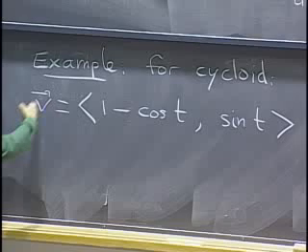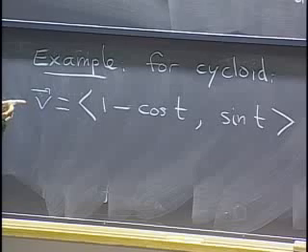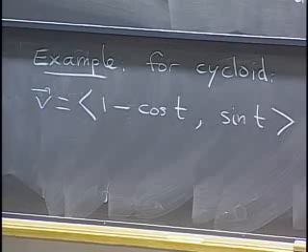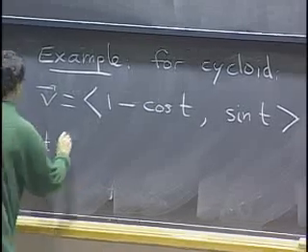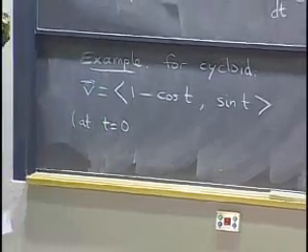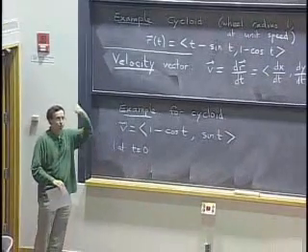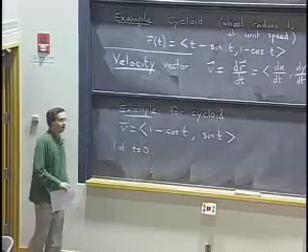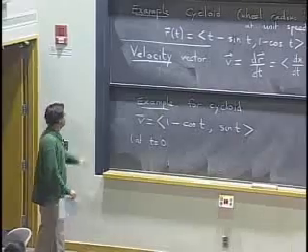Okay, so that's the velocity vector. It tells us at any time how fast we are going and in what direction. So, for example, remember last time at the end of class, we were trying to figure out what exactly happens near the bottom point, when we have this motion that seems to stop and go backwards. And we answered that one way, but let's try to understand it in terms of velocity.